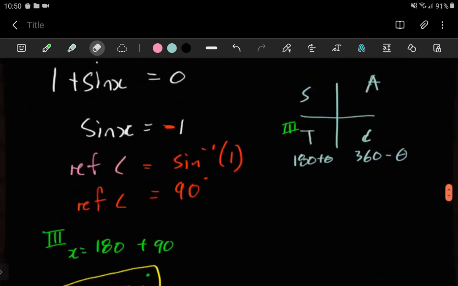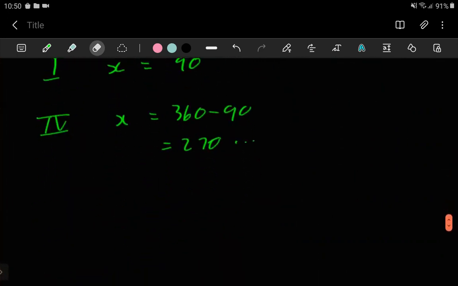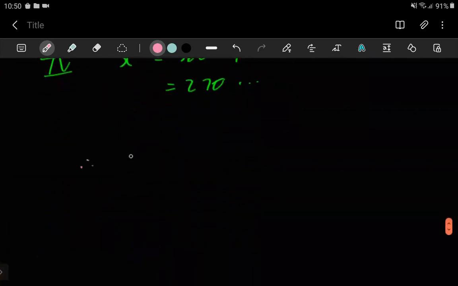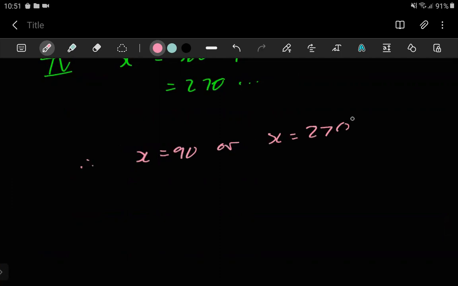So x equals 90 or x equals 270. Therefore x is 90 or x is equal to 270. That's where this will be undefined.